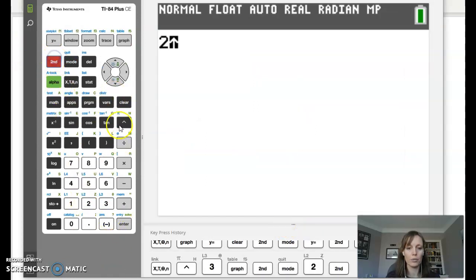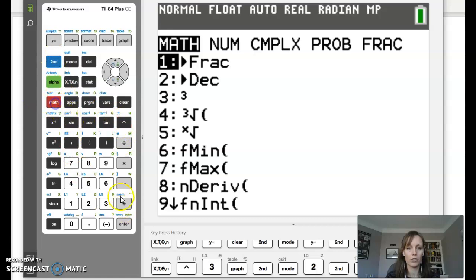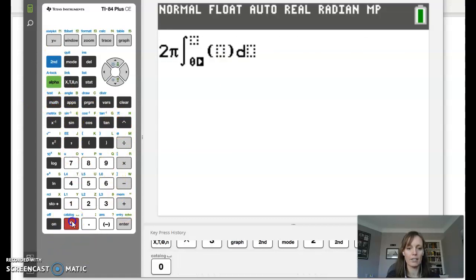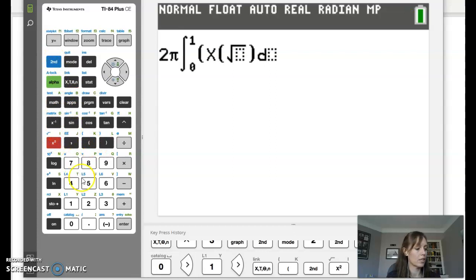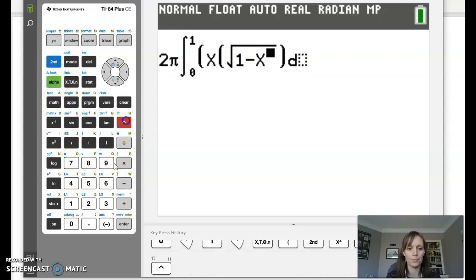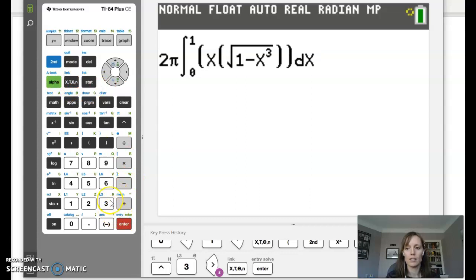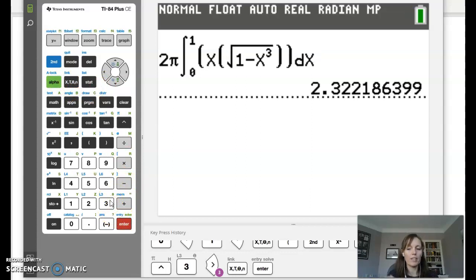So I have 2 pi times the integral, which is math option 9, from 0 to 1 of what I just wrote out. So x times the square root of 1 minus x cubed. The variable of integration is x. And that produces for me the answer of 2.322.